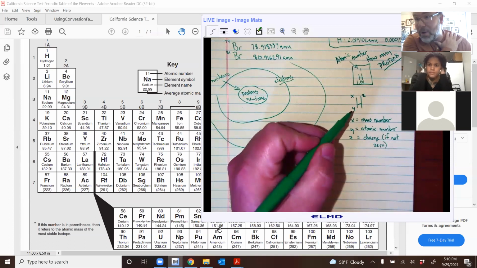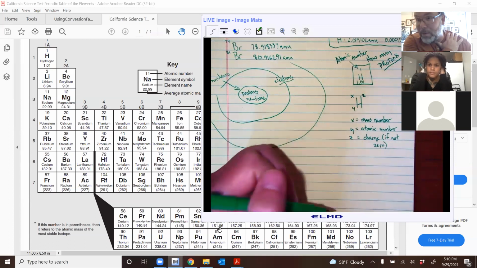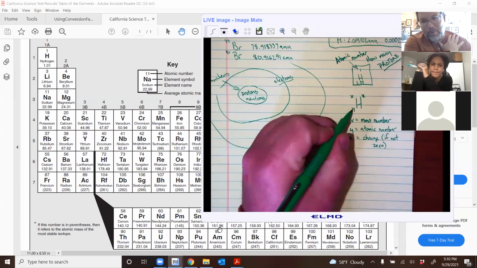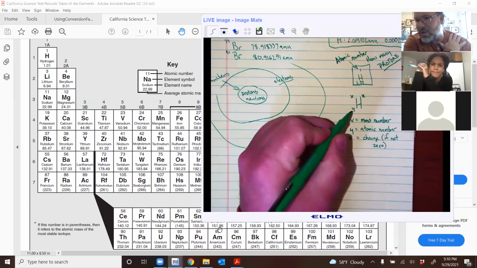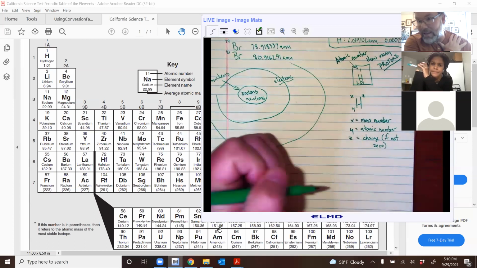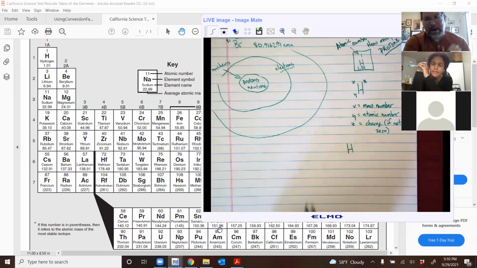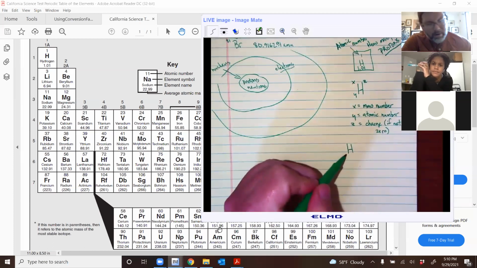Because if it was something other than 1, then the element symbol wouldn't be hydrogen anymore. All right. So I'm going to leave this one out because most of the time chemists don't use it. They use the symbol to know what the atomic number of that element is anyway. So hydrogen has an atomic number of 1. All right. And we can see that by hydrogen's entry on the periodic table.